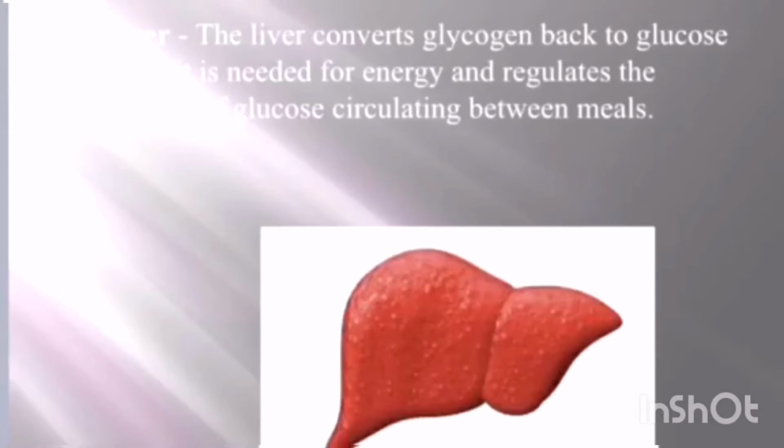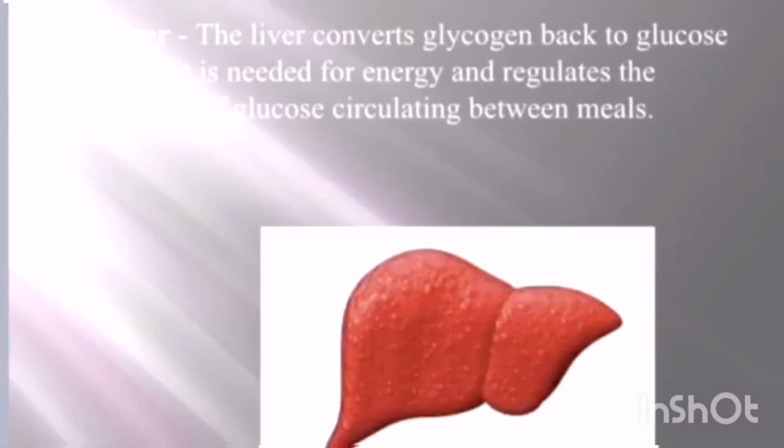So when blood glucose falls, cells in the pancreas secrete glucagon. When we say glucagon, guys, it instructs our liver to convert glycogen to glucose, making glucose more available in the bloodstream. Since our liver is the one that stores and produces glucose, while we are asleep at night, our liver releases glucose into the bloodstream and keeps us supplied until breakfast.